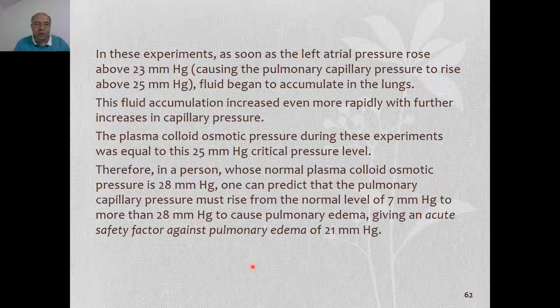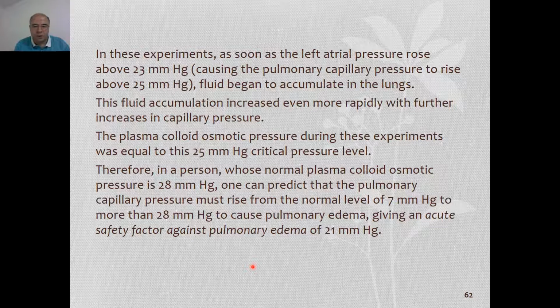This fluid accumulation increased even more rapidly with further increases in capillary pressure. The plasma colloid osmotic pressure during these experiments was equal to this 25 mm mercury critical pressure level.